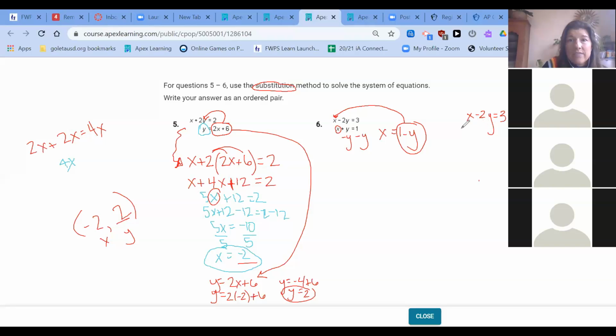Okay, our x value though is 1 minus y, minus 2y equals 3. There's nothing affecting my parentheses here with that 1 minus y, but I like to always write the original with parentheses just in case. So I'm going to drop my parentheses now and I'm going to combine like terms.